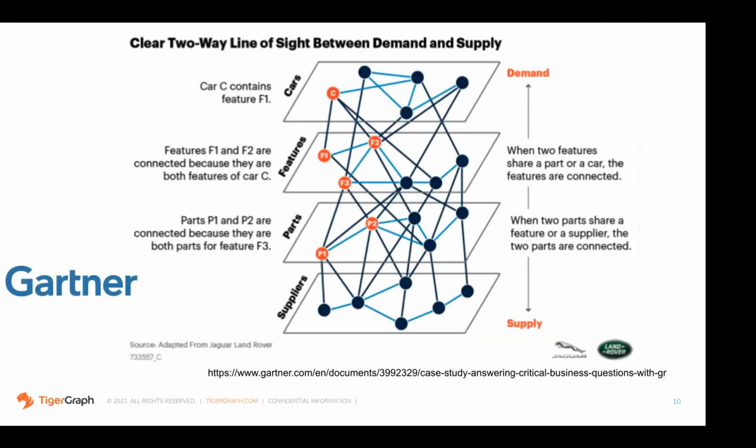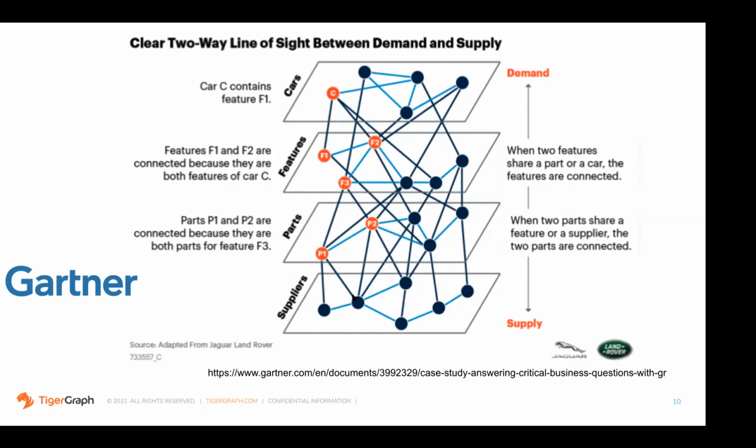Switching to the supply chain use case, Jaguar Land Rover. Gartner actually investigated their case study, and Gartner wrote a report. And the way that Jaguar Land Rover describes it, you can conceptually talk about their data in different tiers of the car: features, parts, suppliers, and things.